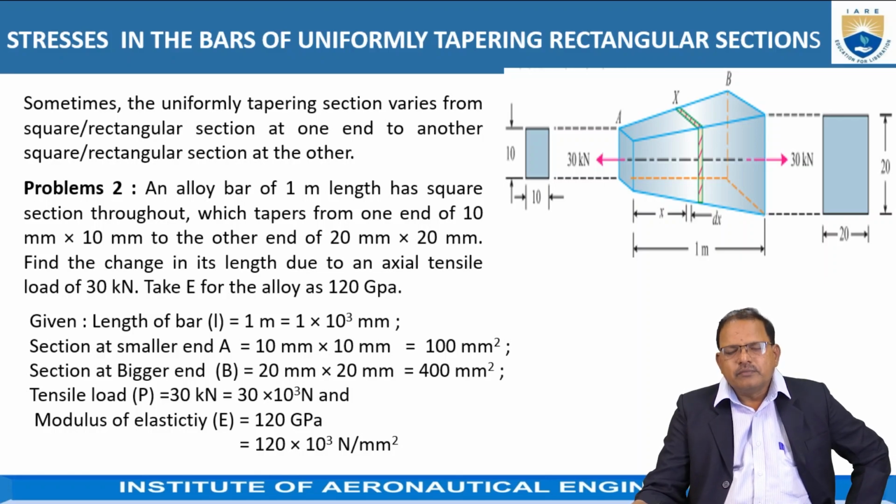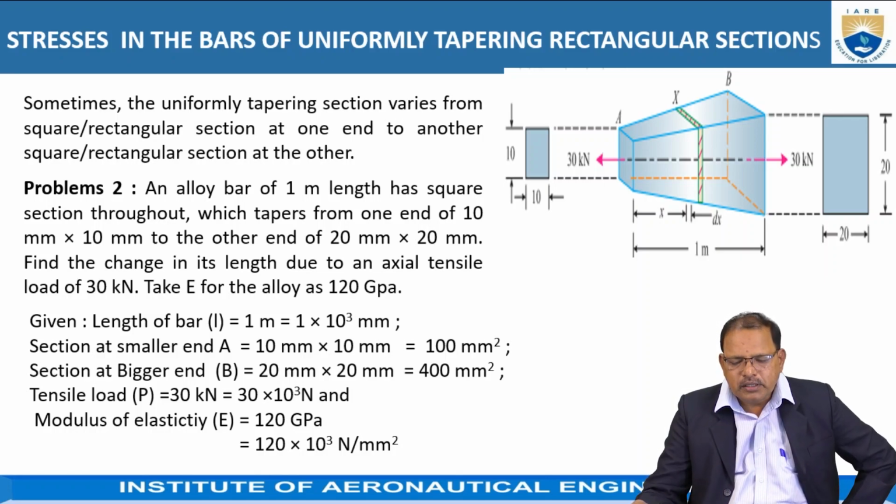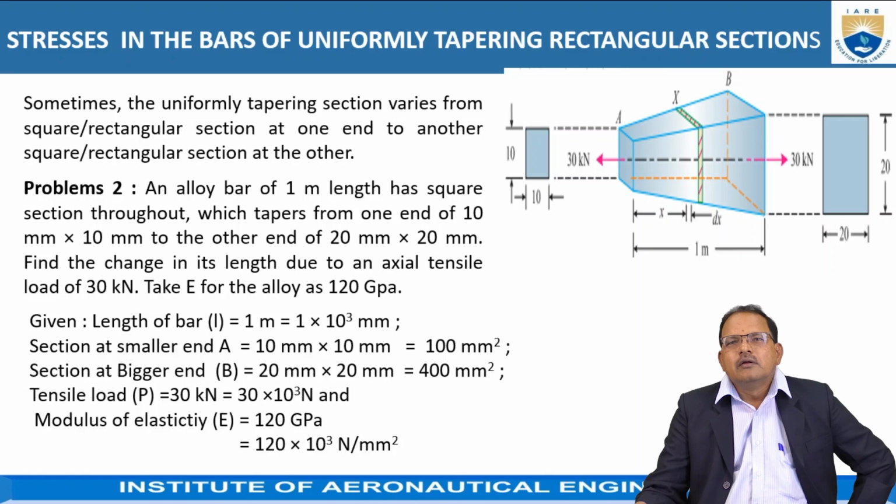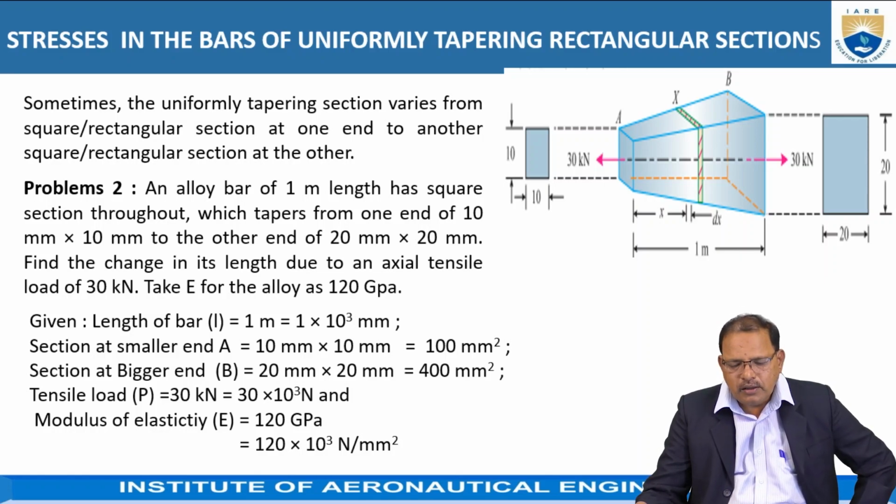Here we are considering a uniformly tapering rectangular section. This rectangular section may be in the form of a rectangle or a square. We have to determine the stresses produced within the bar.